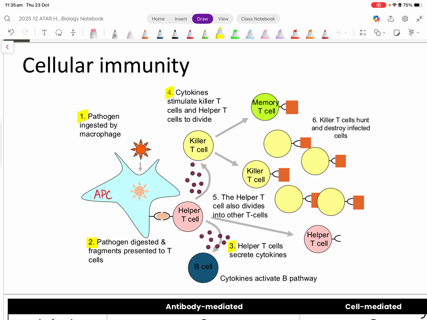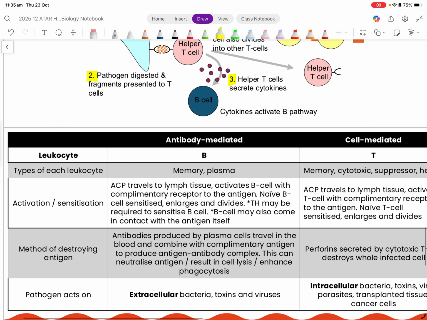Or what we're going to focus on in this lesson is cytokines then stimulating helper T cells to divide. So the helper T cell is then going to divide, and it's going to divide into other types of T cells perhaps. And we also have killer T cells which can proliferate from here, and they're going to hunt and destroy these particular pathogens found elsewhere within the body.